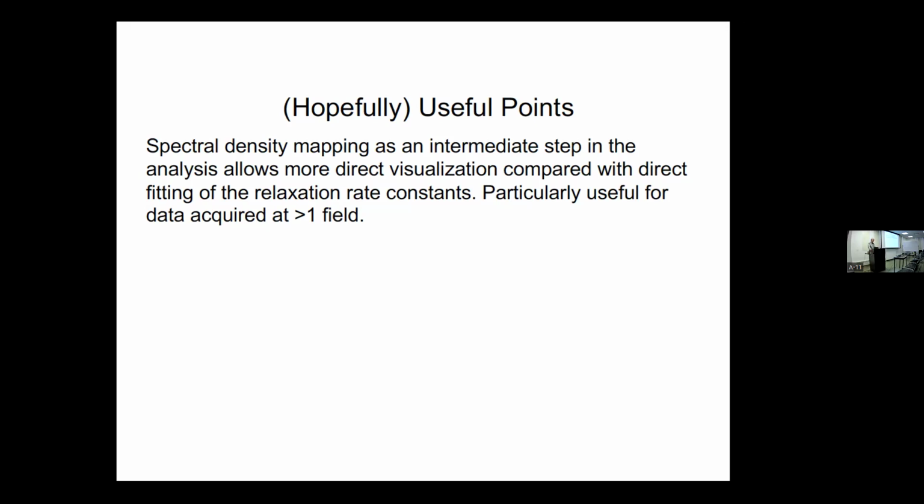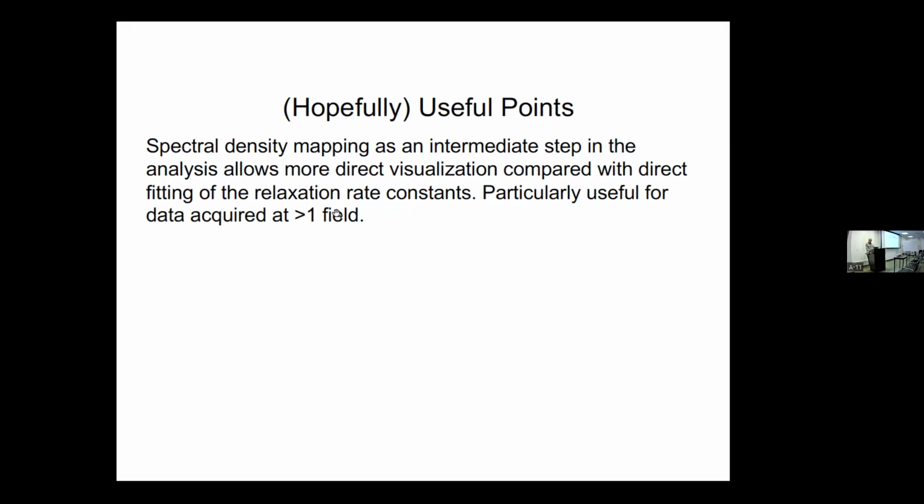And then you only have 3 unknowns, J0, J omega N, and this reduced, effective J omega H. And then you can do it. So it's much more straightforward for the methyl groups.